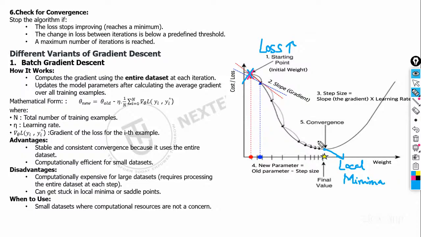What is this local minima? Across this plot, where do you see the smallest loss? Where do we have the minimum loss? Exactly here. This is the point where we observe the smallest value for our loss function, and this has to be obtained using an optimizer.